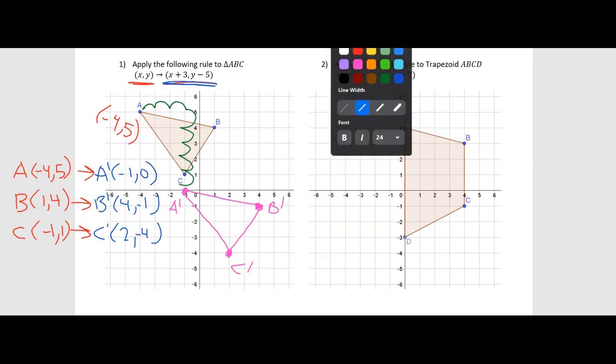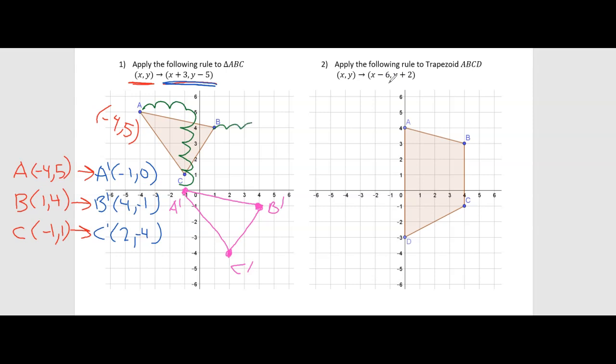Right? And they're going to do the same thing for B and C. 1, 2, 3, 1, 2, 3, 4, 5. And for C, 1, 2, 3, 1, 2, 3, 4, 5. Again, positive meaning you would either go up or to the right, and negative meaning to the left or down.